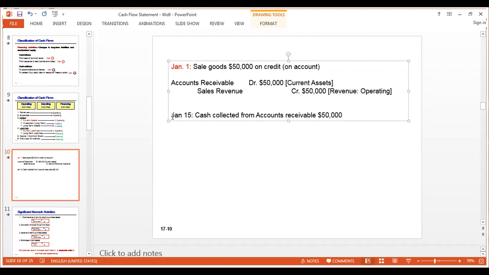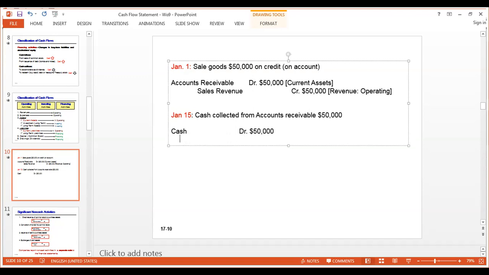So now another day came, and you collect this $50,000. Okay, and what is the journal entry? Journal entry is cash debit $50,000.